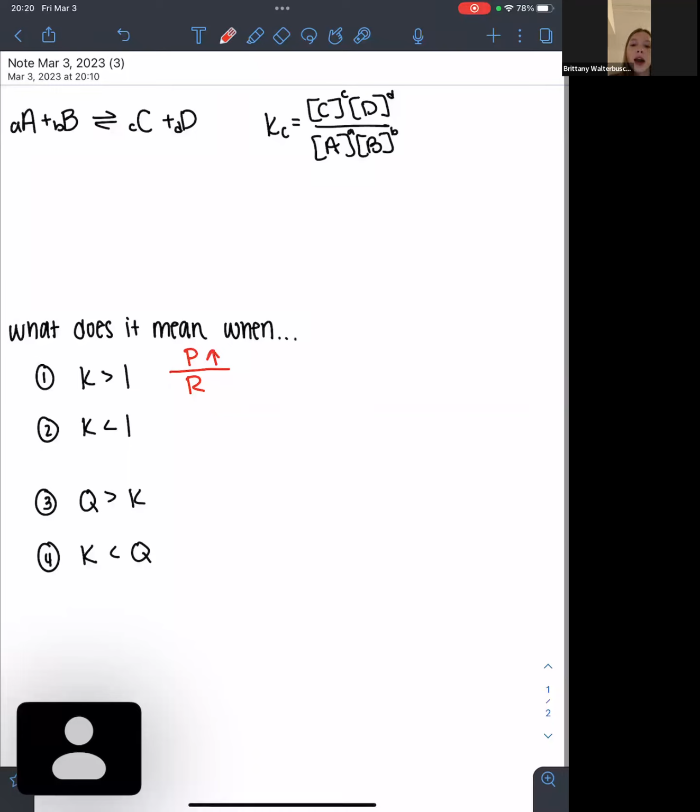So say we had just 100 products to 2 reactants. We're going to have a value greater than 1. We're going to have 50. So that means that we are going to have more products formed when we're at equilibrium.